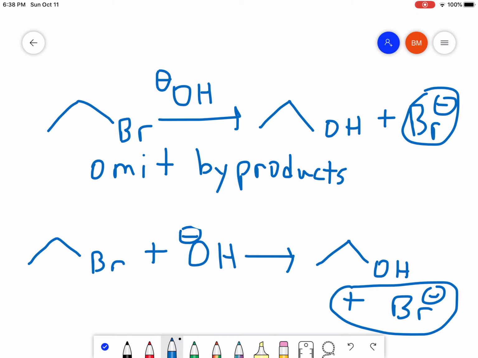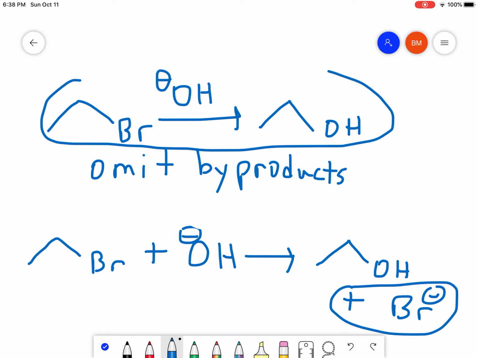And this is not a hard and fast rule, and this can be a little bit aggravating if you just want black or white and don't want little shades of gray. But a lot of times you will see the byproducts omitted. It's just kind of something you have to get used to, right? So another way of writing this would be just to omit that altogether and write this. And that can be a little aggravating because, hey, wait a minute, aren't we supposed to balance equations and all that?